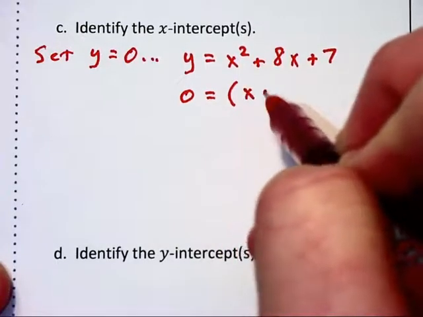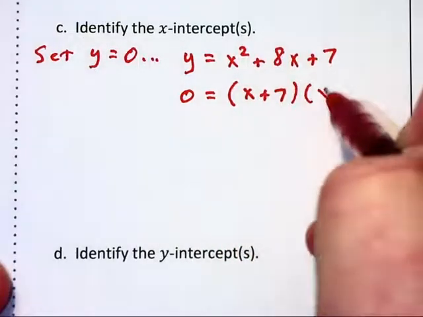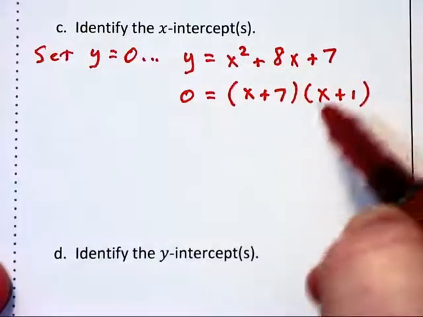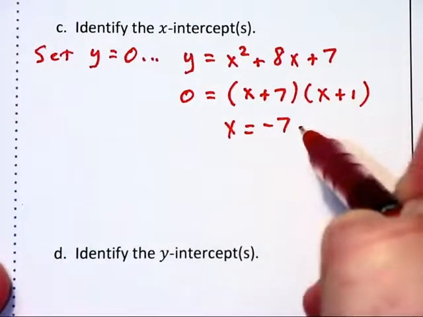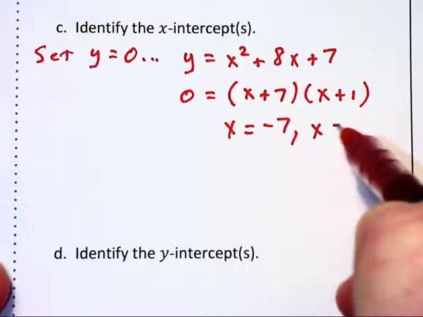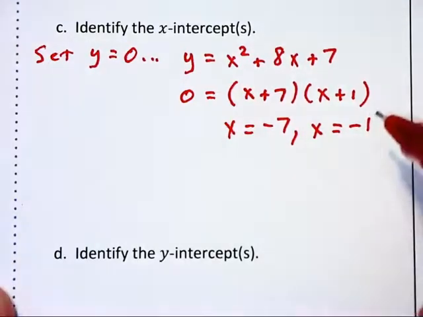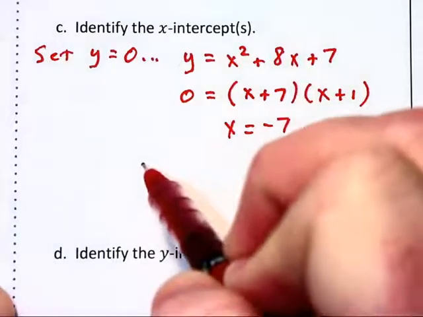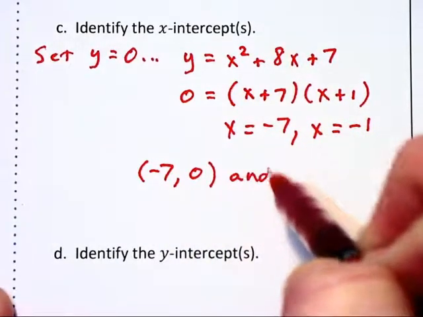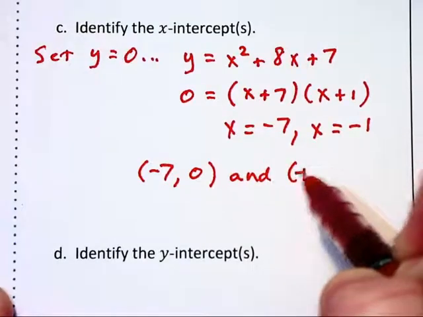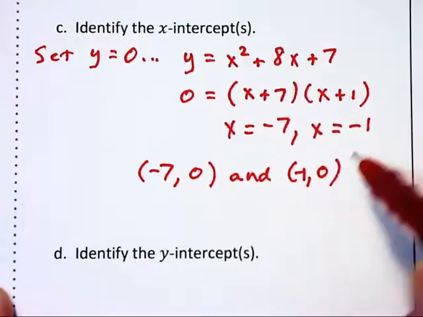We can write this as (x plus 7) times (x plus 1), and we can see that x is equal to -7 or x is equal to -1. And that tells us that the x-intercepts are located at -7, 0 and at -1, 0.